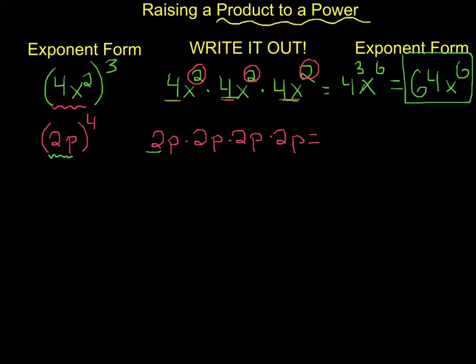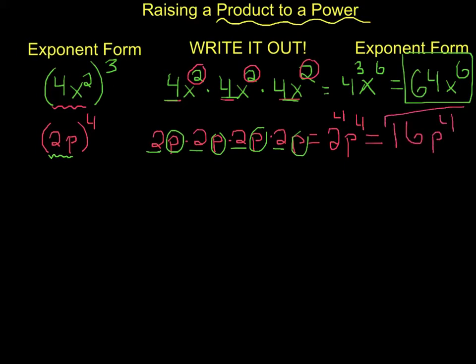We've got 1, 2, 3, 4 2's. So that would be saying 2 to the 4th power. And then we have 1, 2, 3, 4 p's, which is p to the 4th power. And go one step further and actually evaluate 2 to the 4th power. So that is 16 p to the power of 4.